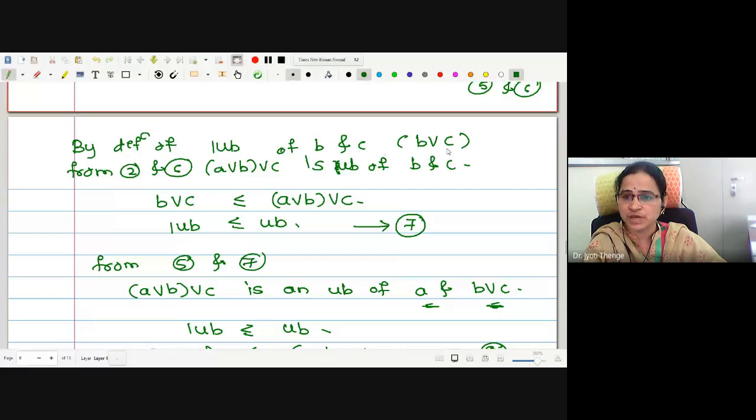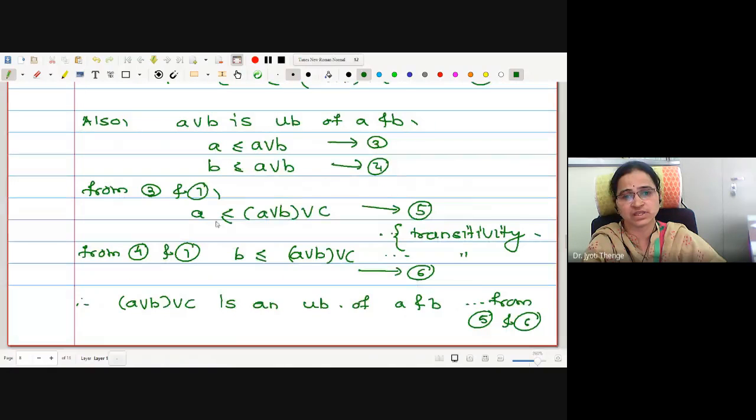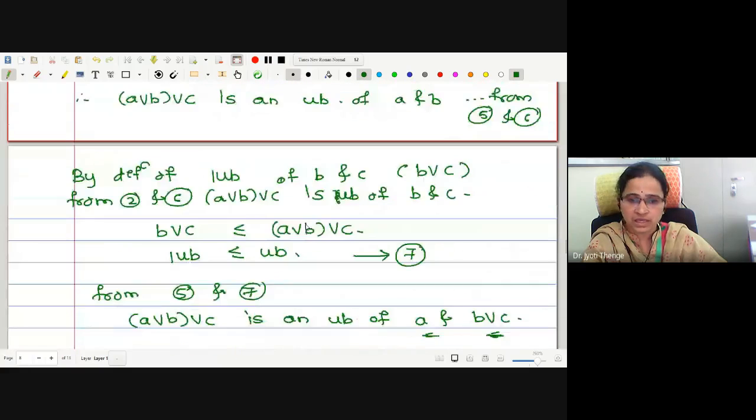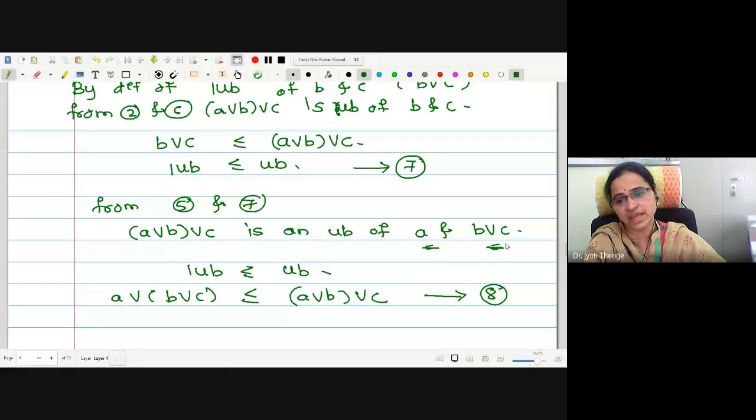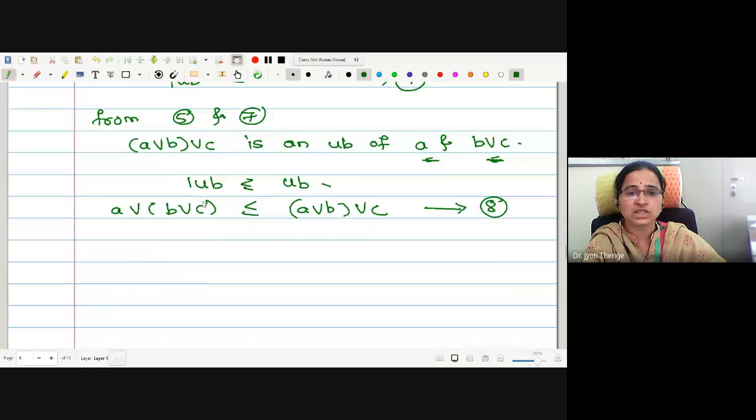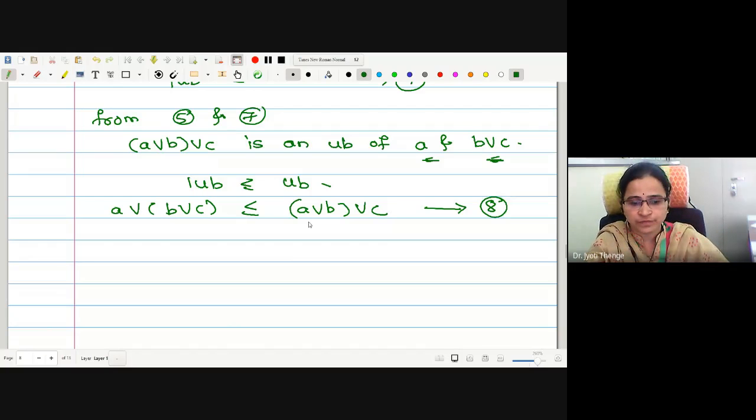The least upper bound of these two is B join C. So the relation I have written: least upper bound is less than or equal to upper bound. Therefore, from 5 and 7, A join B join C is an upper bound of A and B join C. But what is the least upper bound of these two? Whenever we are interested in finding the least upper bound of any two numbers, we should consider the join of the corresponding elements. Therefore, we have proved this one part of the inequality.